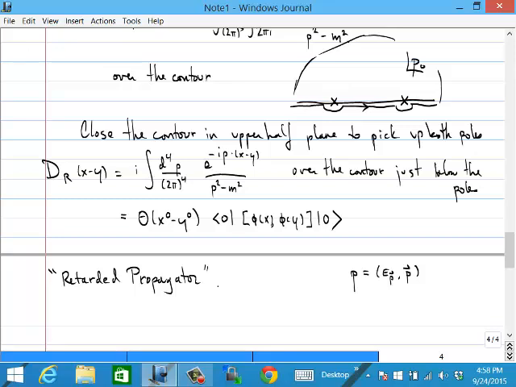But suddenly we've written this propagator in a way where it looks like we're integrating over all possible momenta, including those where the energy is not equal to the square root of p squared plus m squared. So it's like we're summing over things that don't solve the equations of motion. Remember, the fact that p0 is the square root of p squared plus m squared was the equation of motion, right? So it looks like when we have this propagator here, we're including things that don't solve the equations of motion.